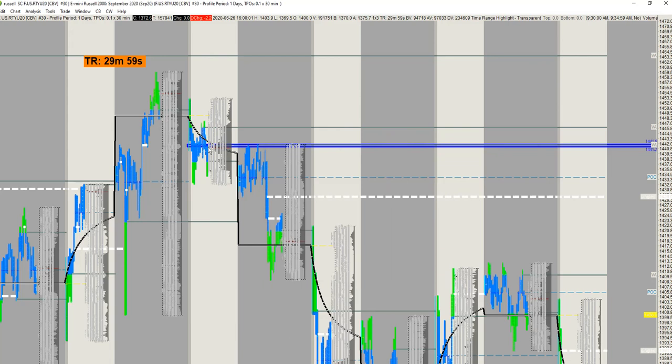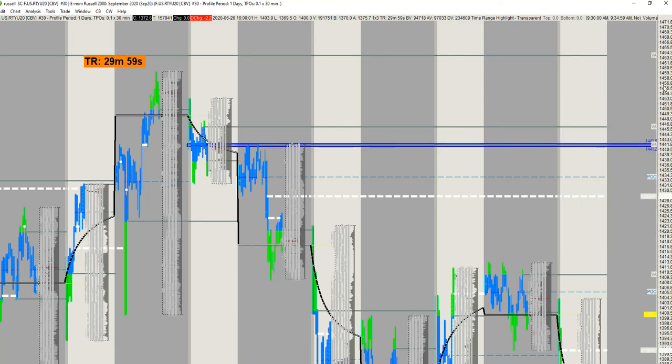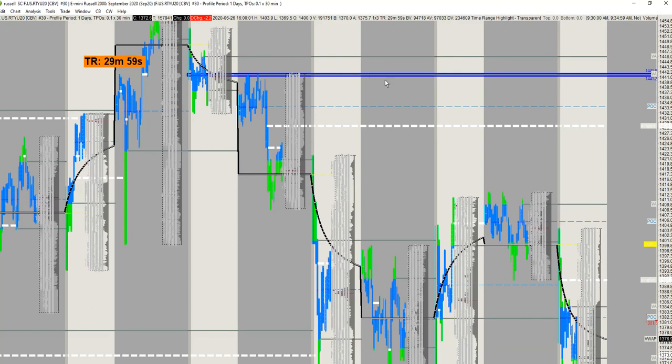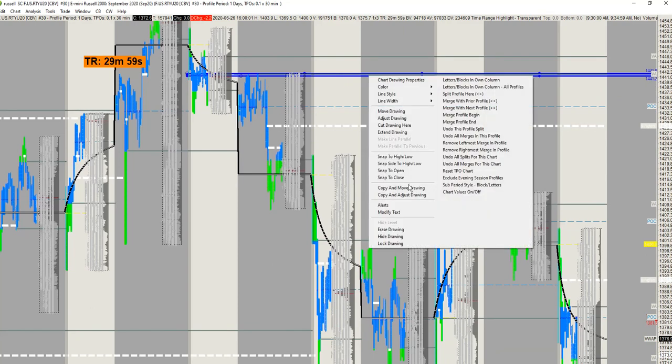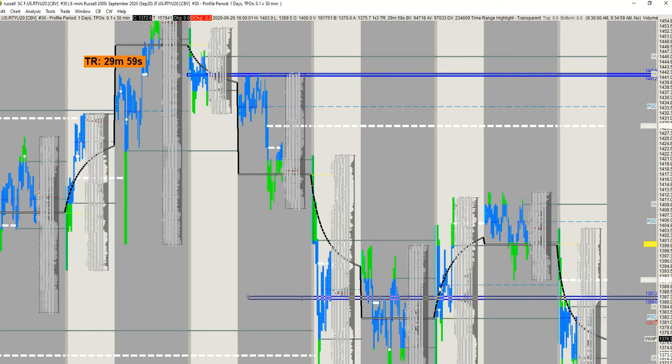It comes and rejects the TPOC so clearly. This is the overnight that rejects that TPOC, okay? If you watch the Russell trade this way, it's unbelievable. It trades fairly technical when it comes to market profile.